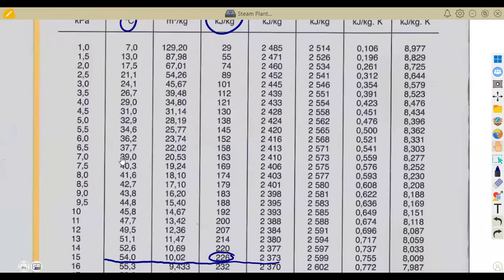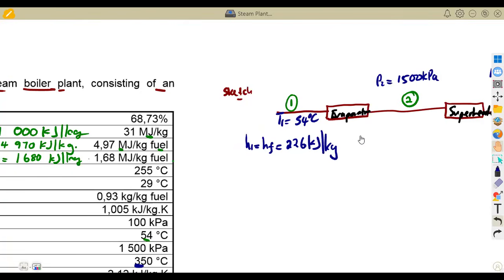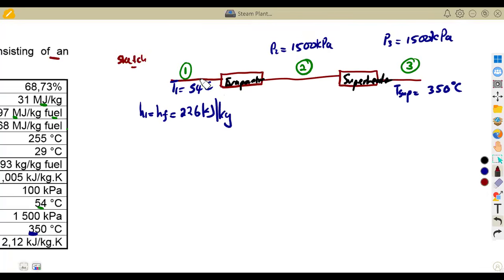We are just given this one, the 54. We are not given it at the output of our evaporator. So about H2, we are not given that consideration to say whether H2 is wet or dry. So let's just leave it like that.